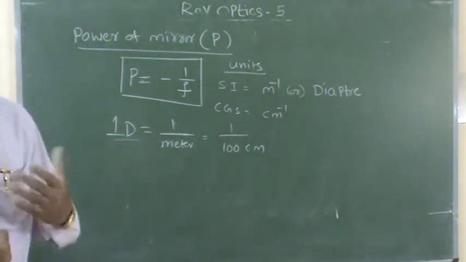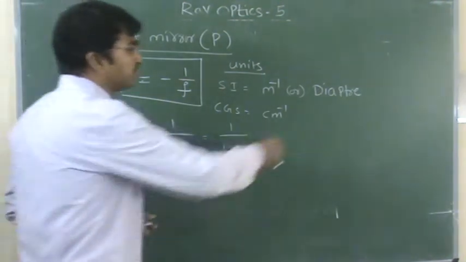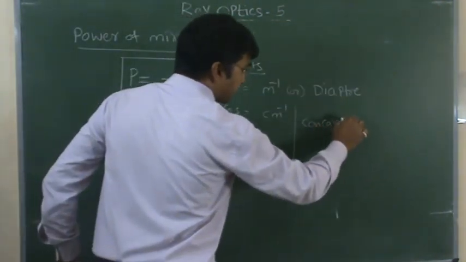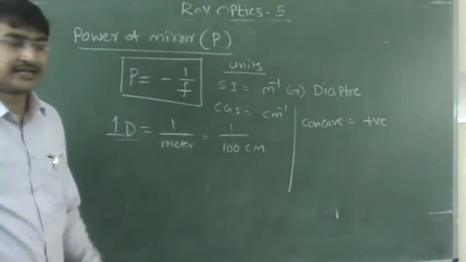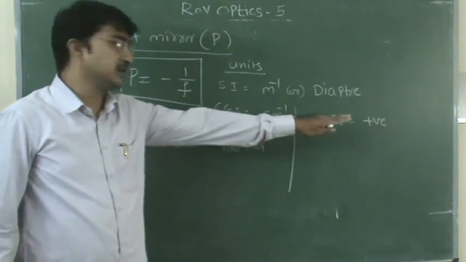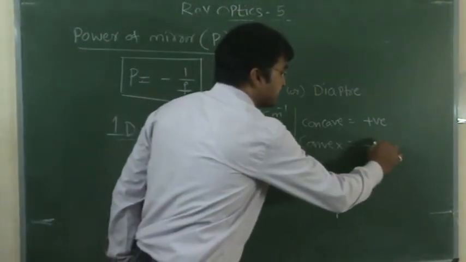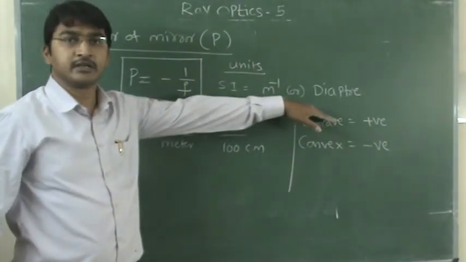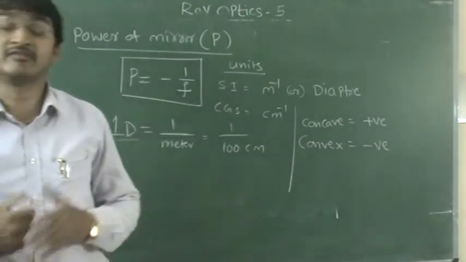Converging mirror is nothing but a concave mirror. A concave mirror is a converging mirror, for which the power is positive, and in case of a convex mirror the power is negative. So a concave mirror is also called a converging mirror, and a convex mirror is called a diverging mirror.